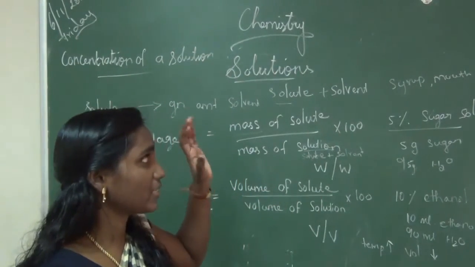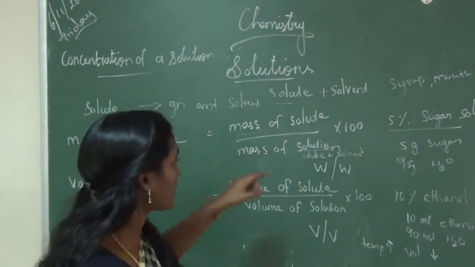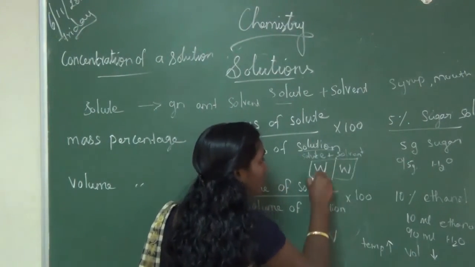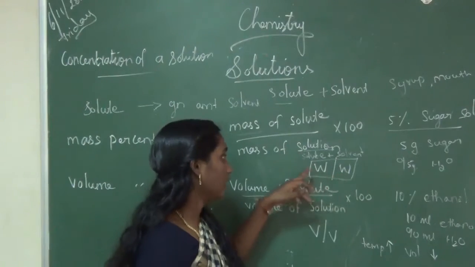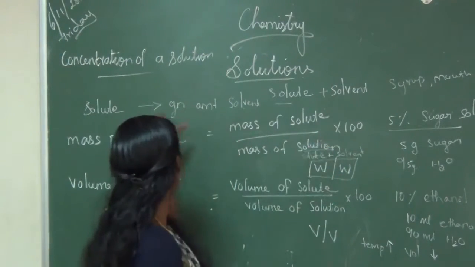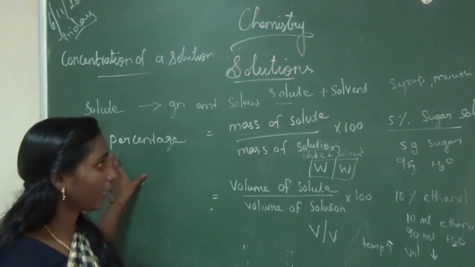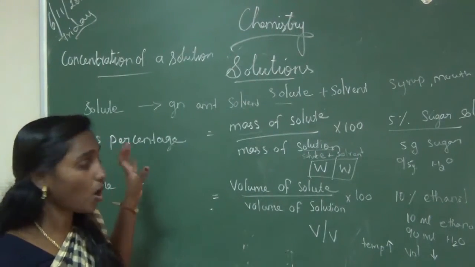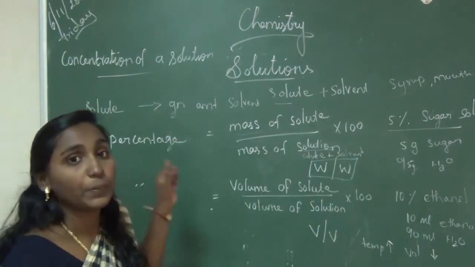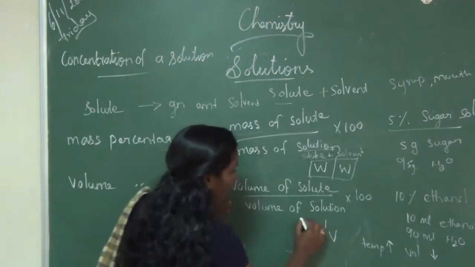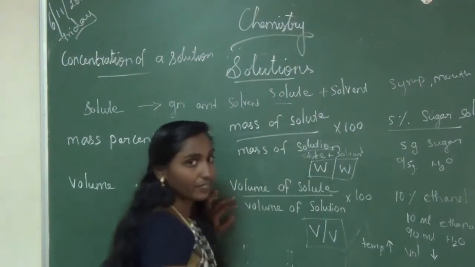When we see the back of those bottles, we can see W by W. That means the solution was prepared by this mass percentage. And ointment, soap: these are the things that use the code V by V.